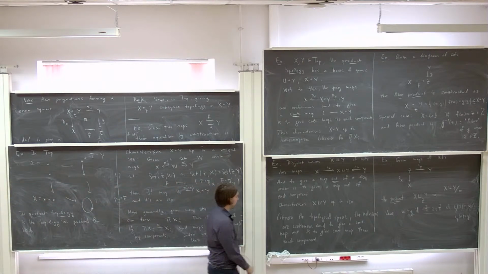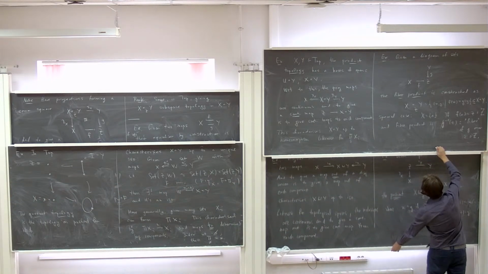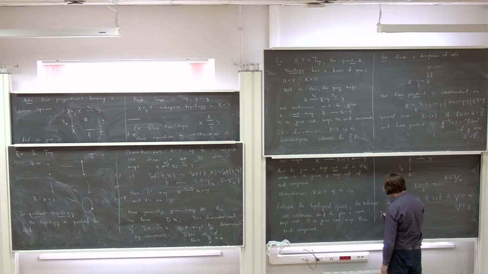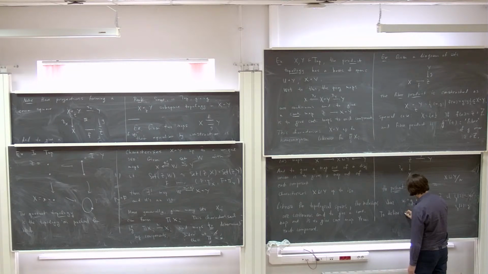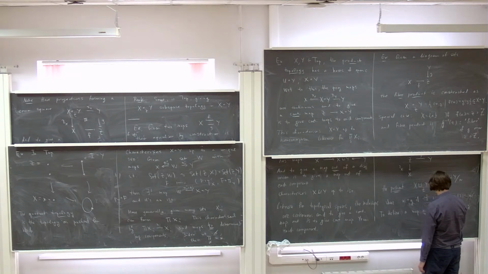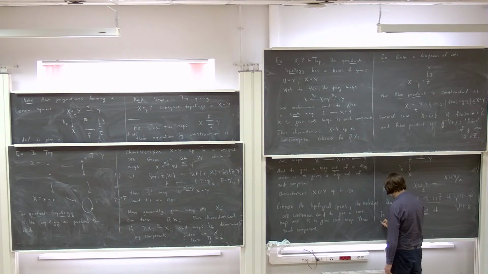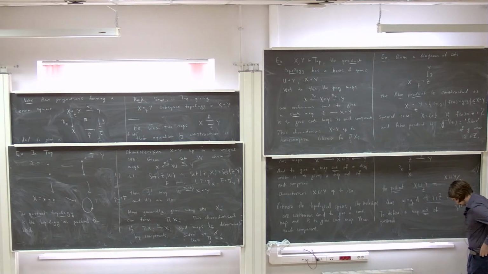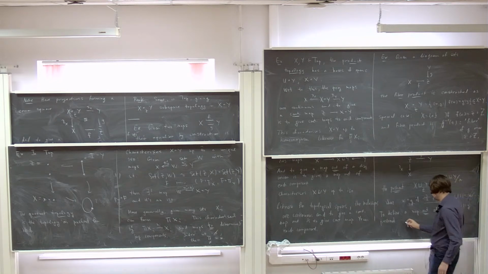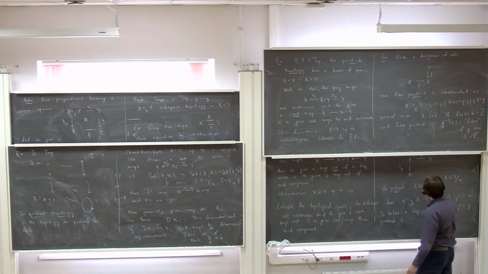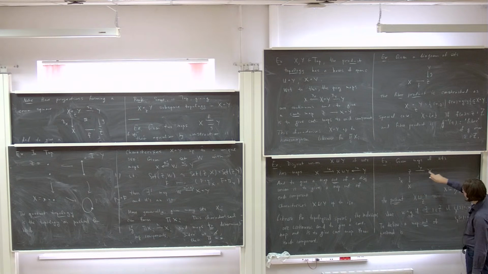We need to fill this in. I should have told you what the characterizing property is here. So to define a map out of this push-out is to do what? Is to define a map out of each of x and y which agrees on z.